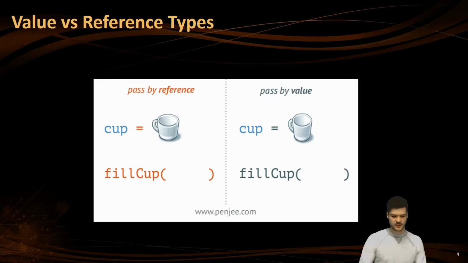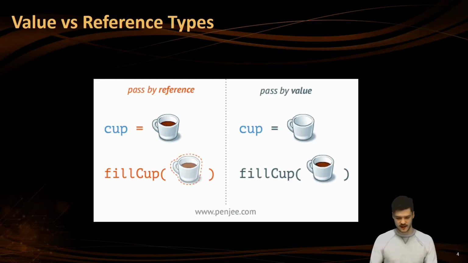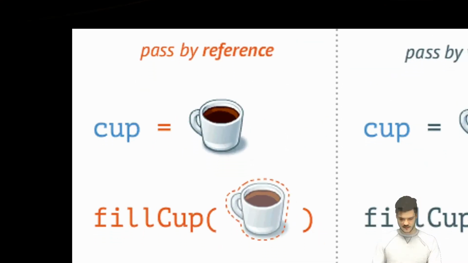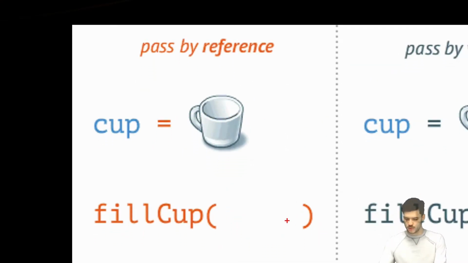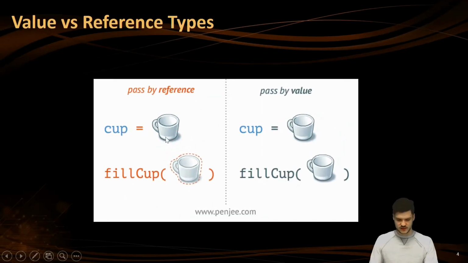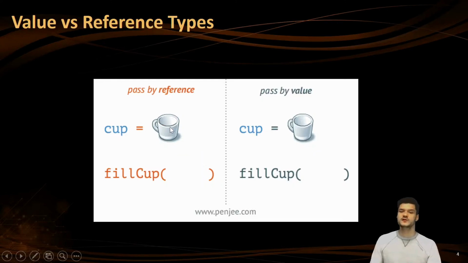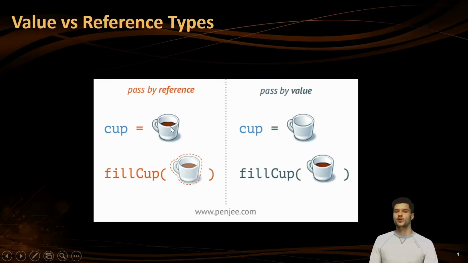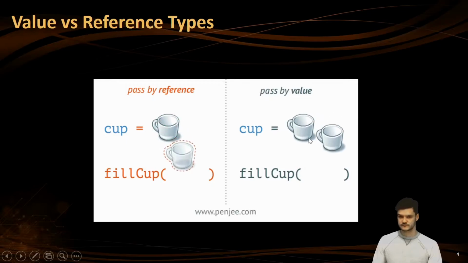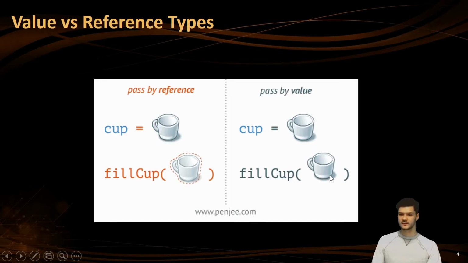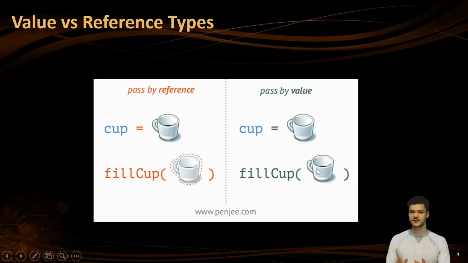This is a very nice explanation. If we pass by reference, it means that, as you can see here, we don't copy the variable in the fillCup method, but we just refer to it by its address, and when we fill the cup, the cup outside the method fills as well, right? When we pass by value, we copy the cup, and when we fill the cup inside the method, the cup variable is not filled. It's only filled inside the method because we copy it.